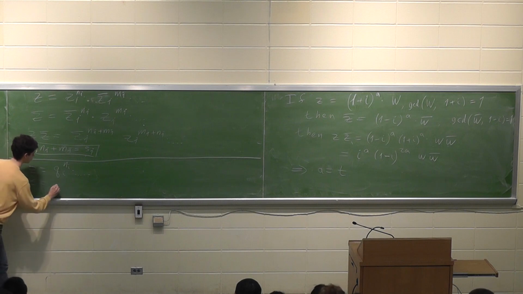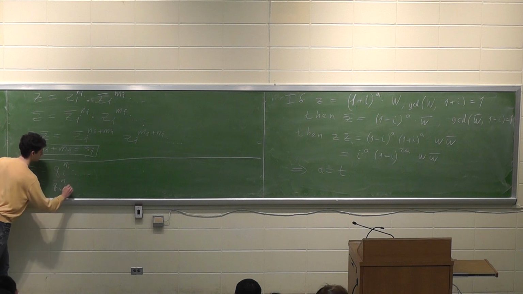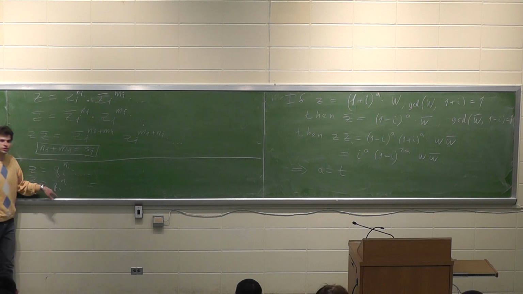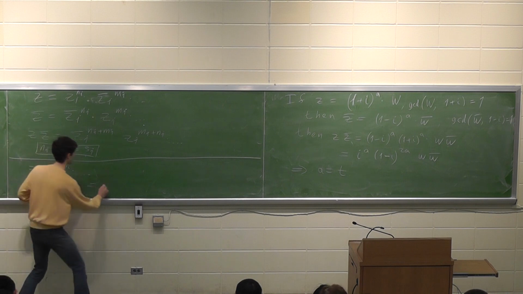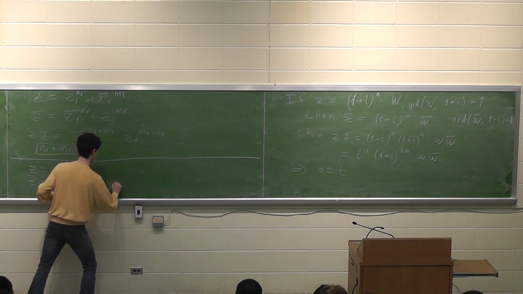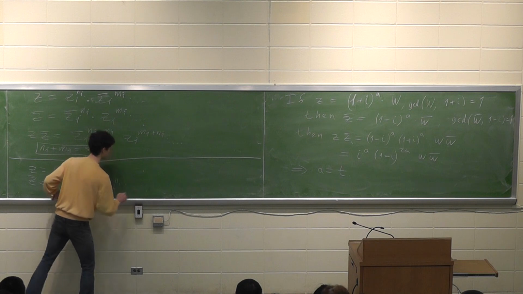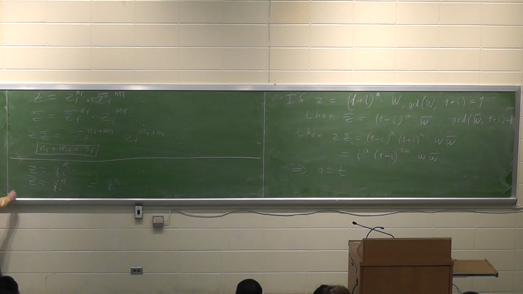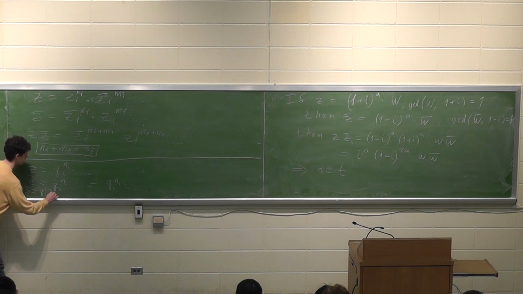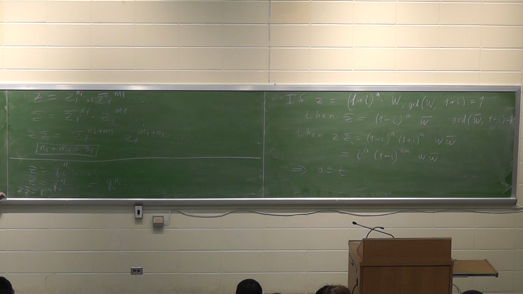Z conjugate is Qi to the power, well, Qi conjugate to the power Ni times something. But these are real numbers. They're actually usual natural numbers. So the same as Qi to the power Ni times other stuff. So in Z and Z conjugate, we have Qi to the power 2 times Ni times and so on.